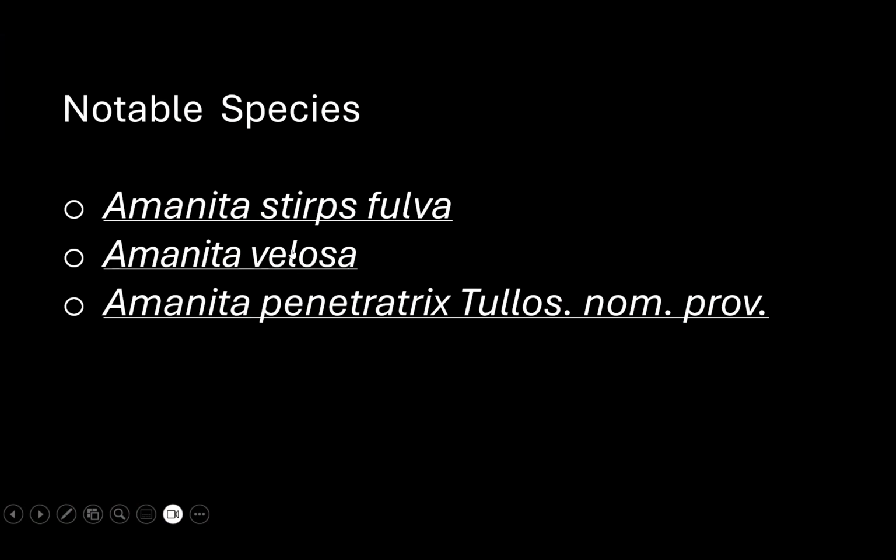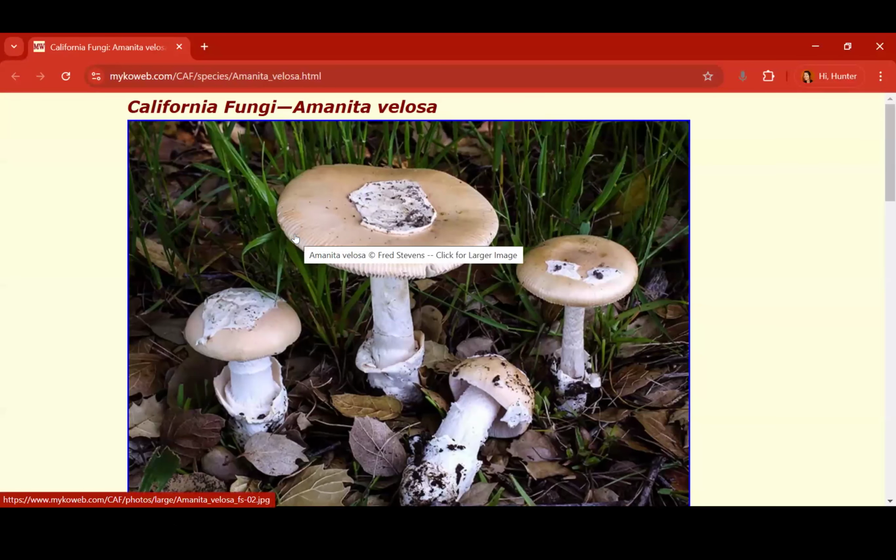The section's common name is grisette, and the type species for section Vaginatae is a gray mushroom.